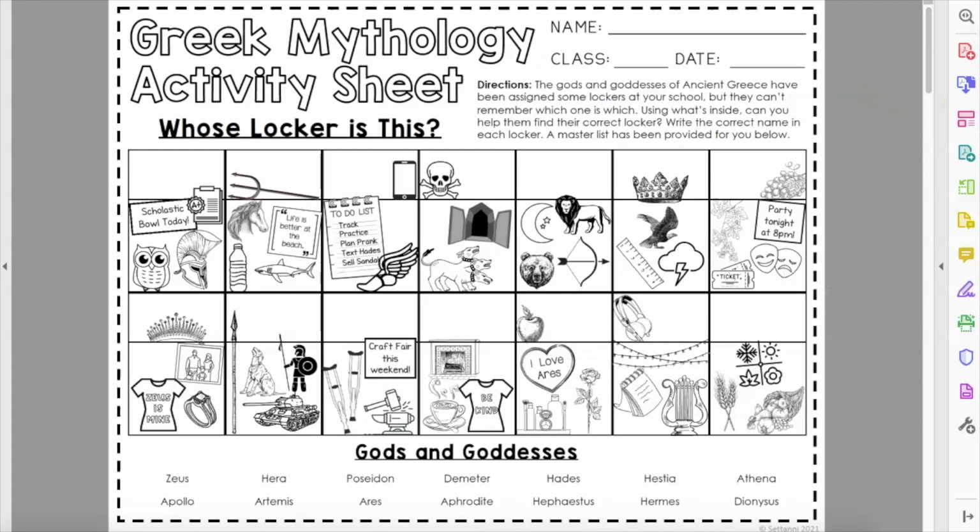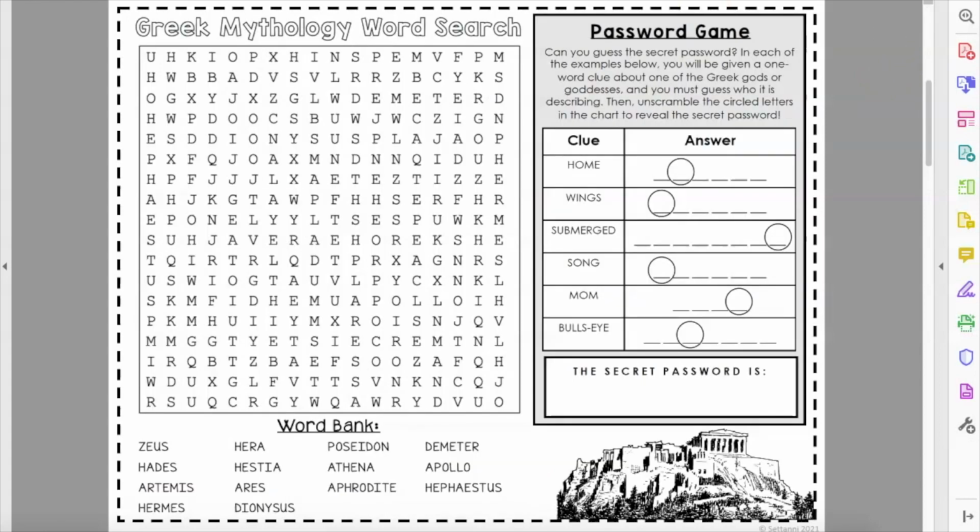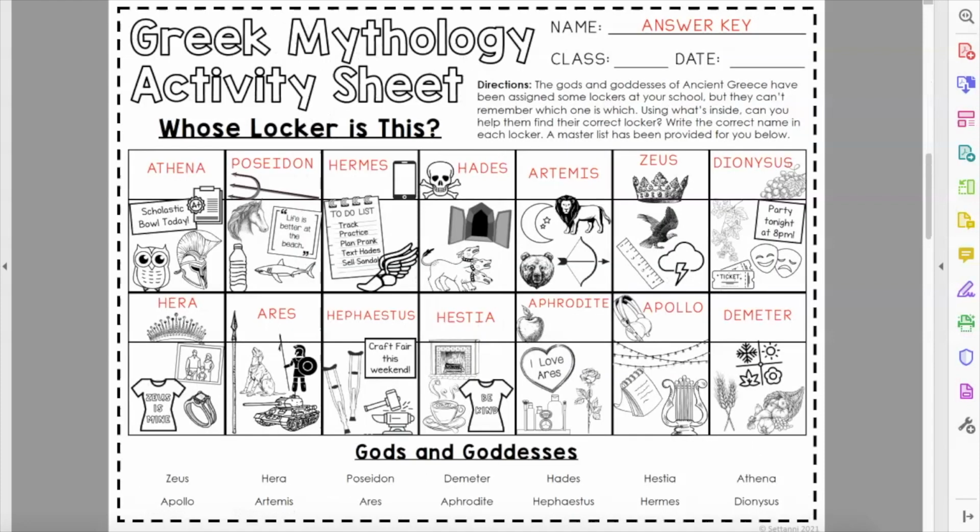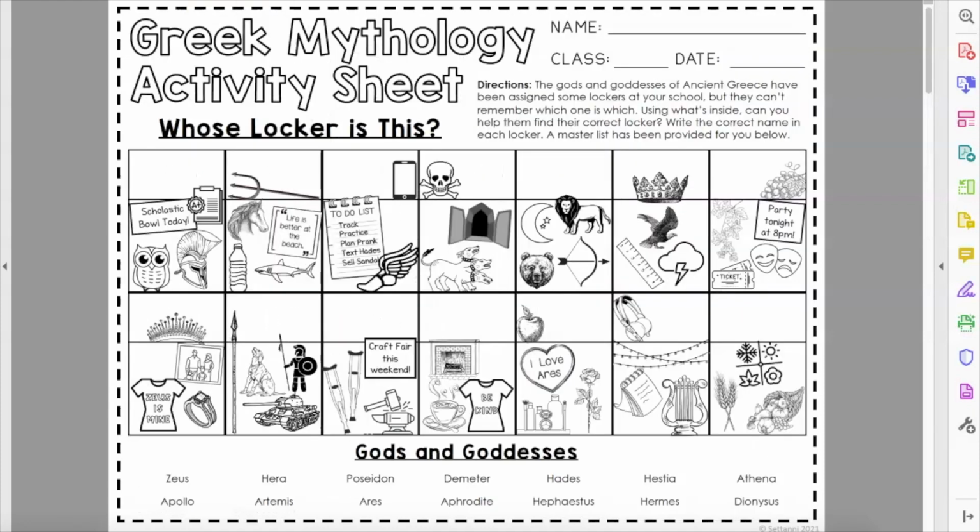And then also, with every one of these videos, we always try to share some easy, low prep, early finisher activities or emergency sub plan activities. And we do have one for Greek mythology specifically where there are lots of mystery lockers. So we gave a locker to each of these different gods or goddesses, and students have to examine the objects inside the locker and figure out who they belong to.